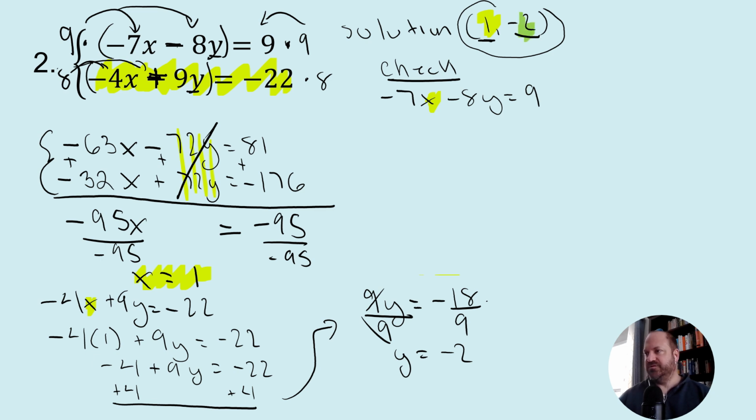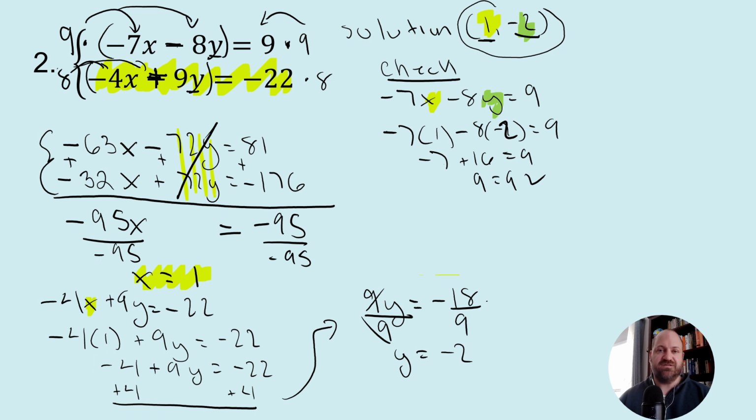The y value is negative 2. So I get negative 7 times 1 minus 8 times negative 2 equals 9. Negative 7, that's a negative 2, plus 16 equals 9. Negative 7 plus 16 is 9, so we get 9 equals 9, so that checks.